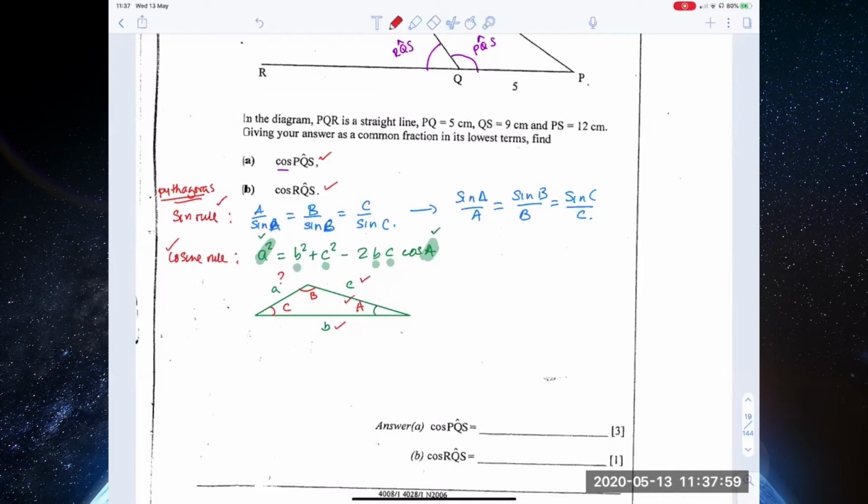So if we want A squared, let's say we don't know this, but we have C and B and A. So when we have one angle between two sides that we know, then we can use the cosine rule.